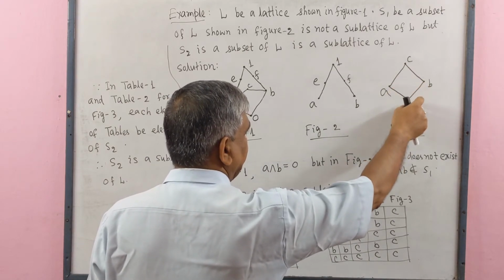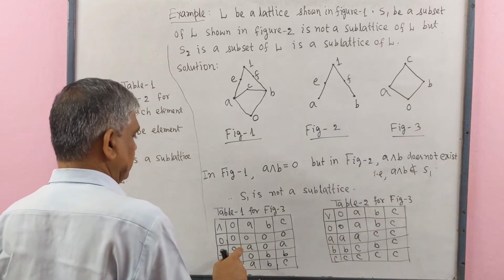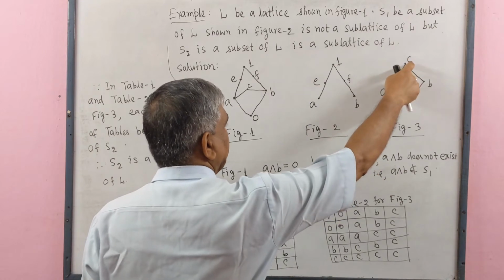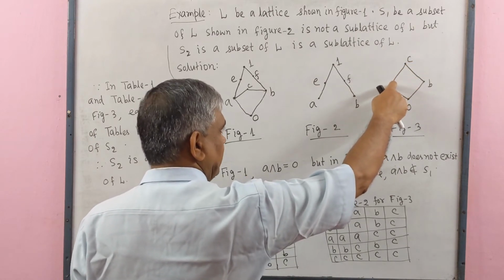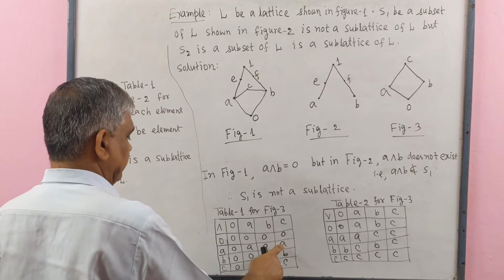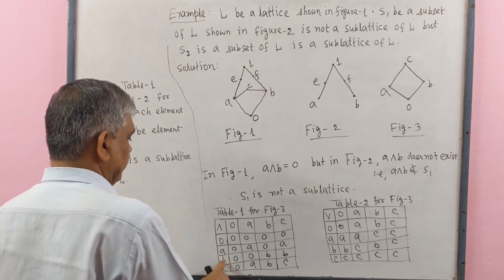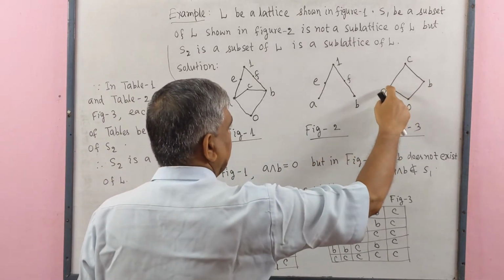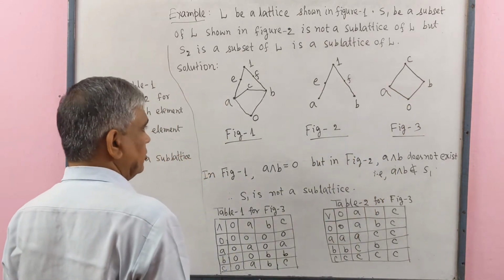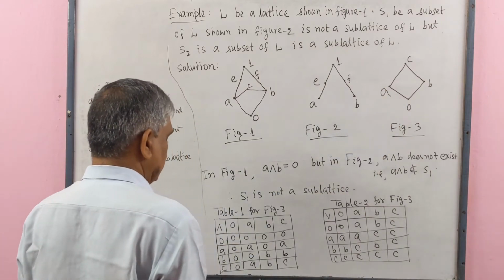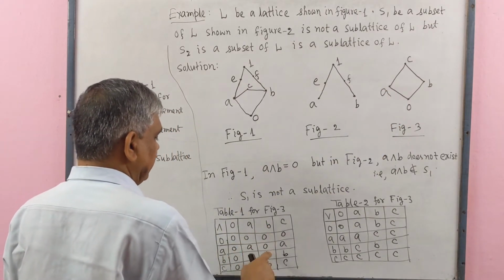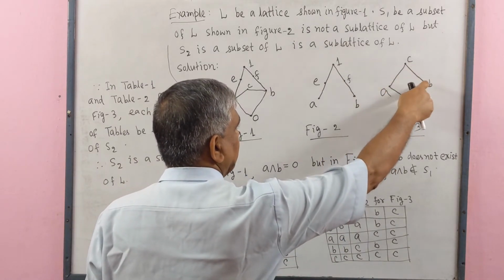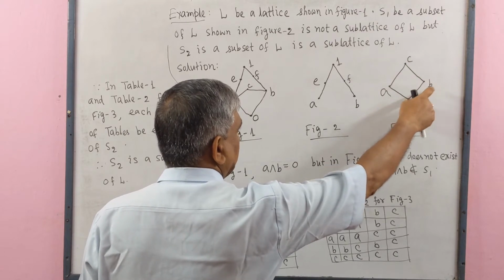a meet b means infimum, which is 0. a meet c, infimum a, here we have written a. b meet 0 is 0, b meet a is 0, the infimum element. b meet b is b, b meet c is b, the lowest element.